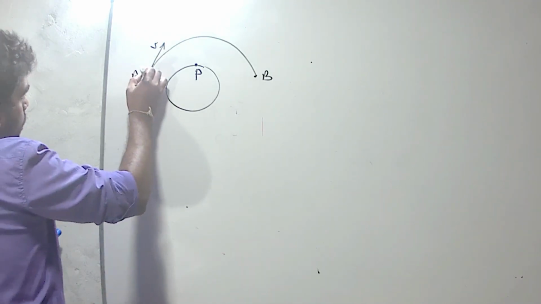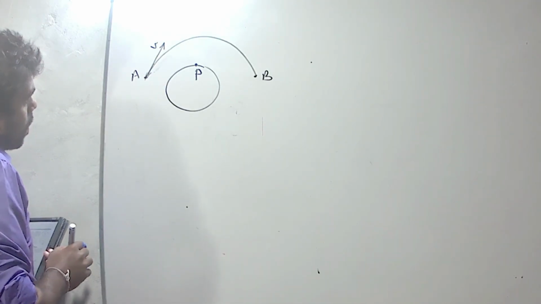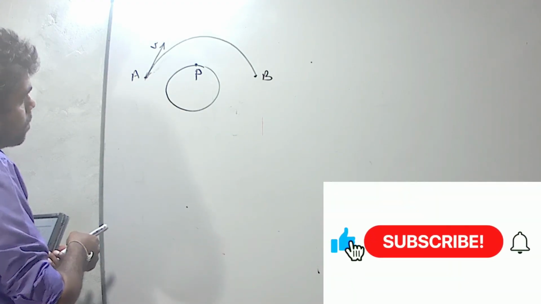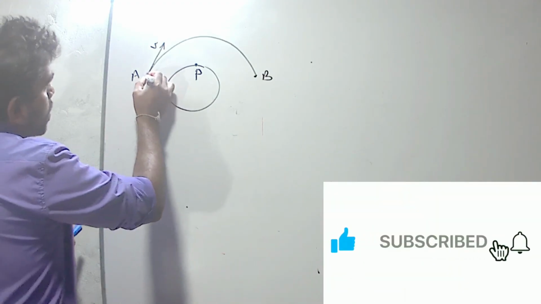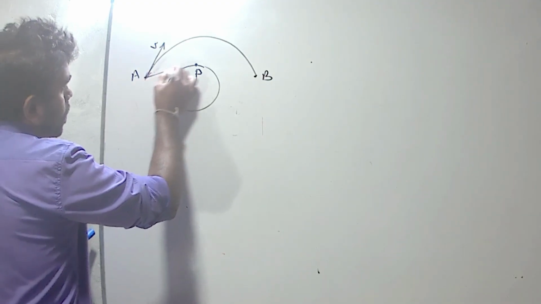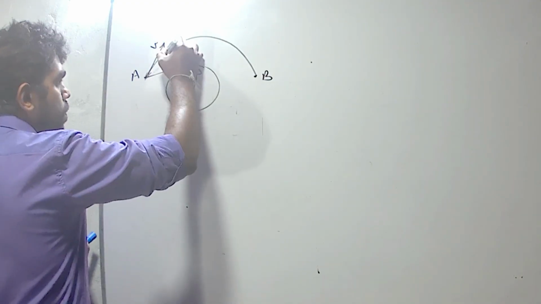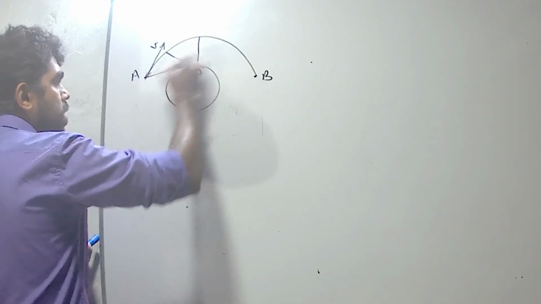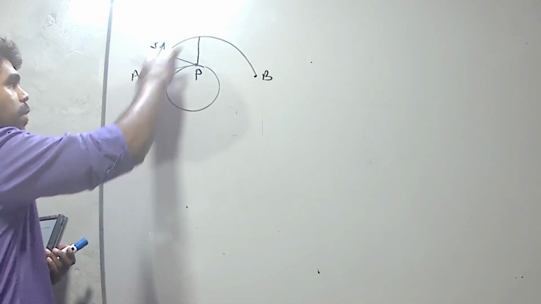Therefore, we can consider the distance from satellite to P station is decreasing from this point to this point.